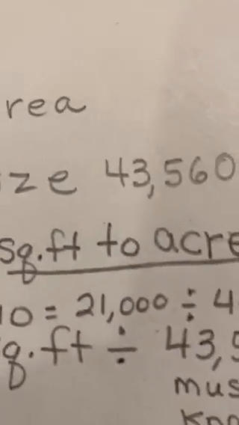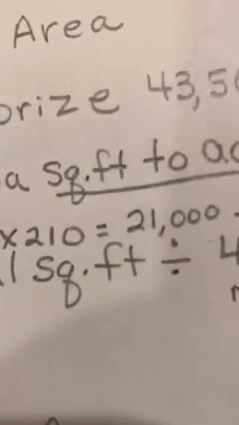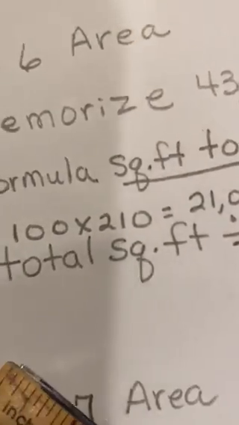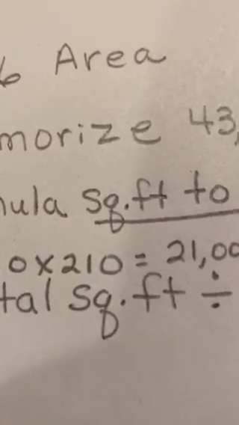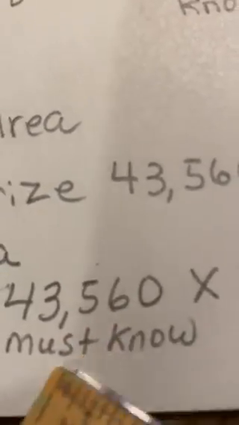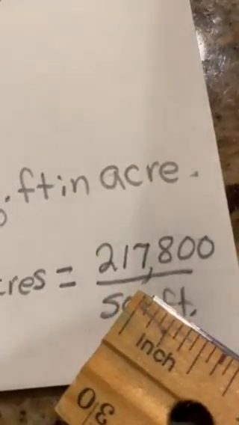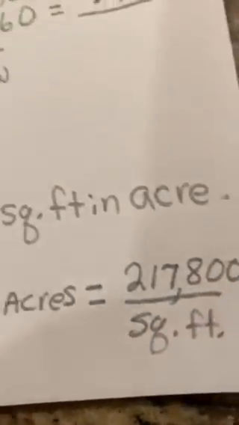And now we see that you memorize 43,560. You purchased 5 acres, so you have to know 43,560 square feet times the number of acres given, 5 acres, equals 217,800 square feet.